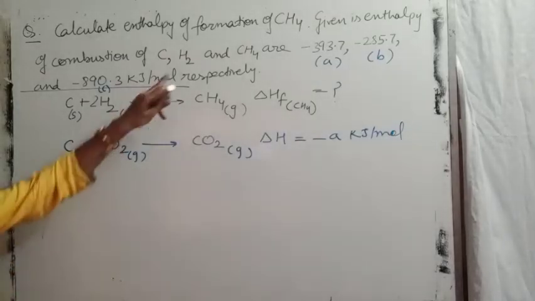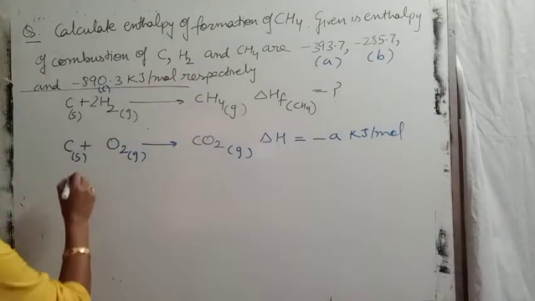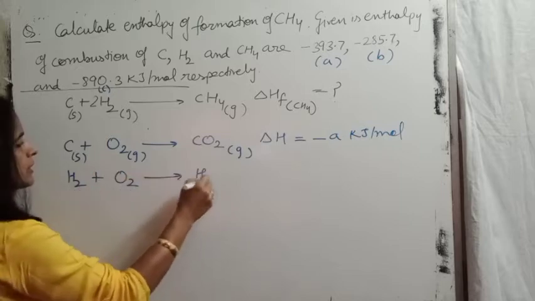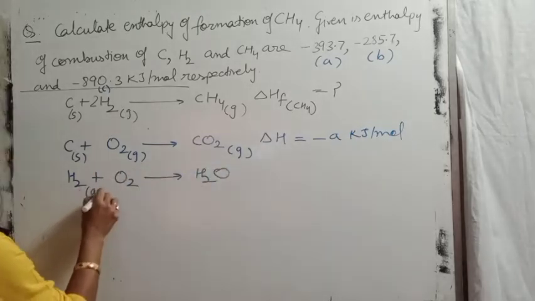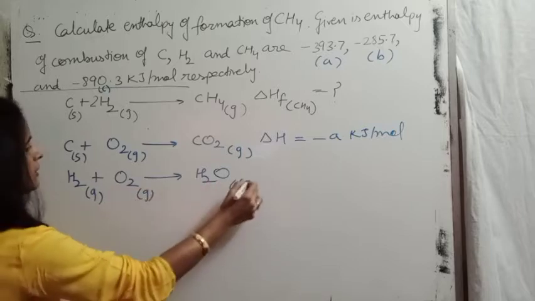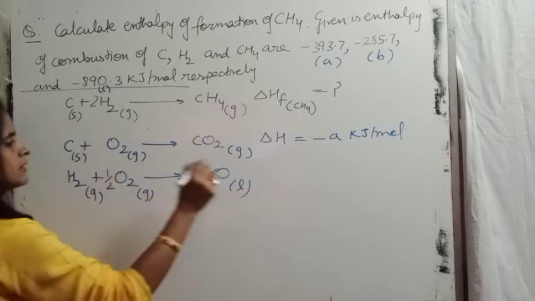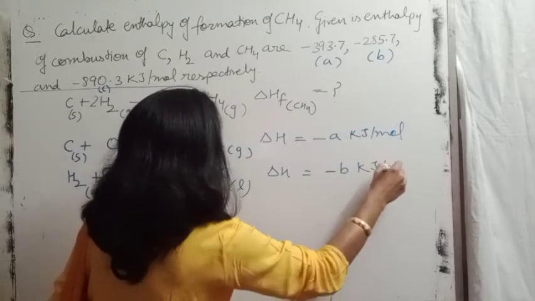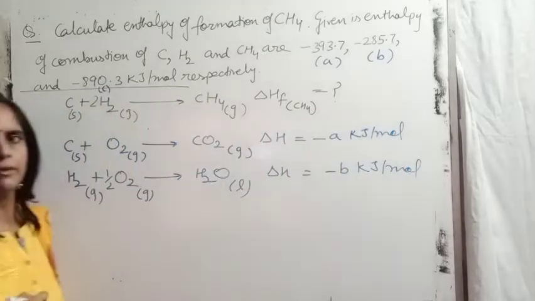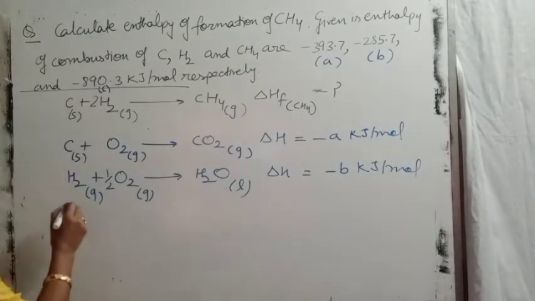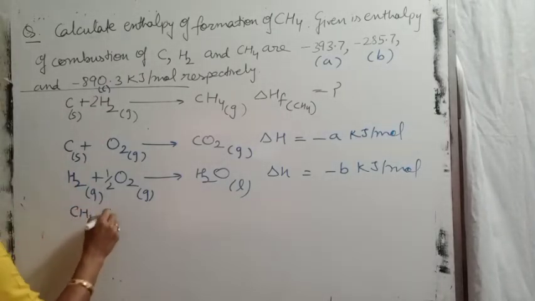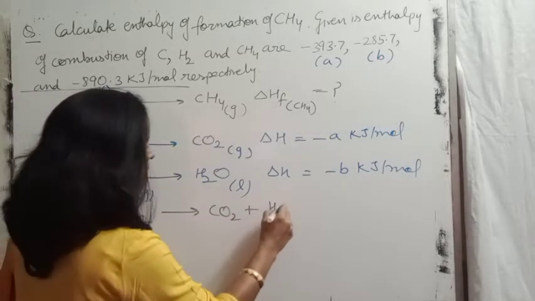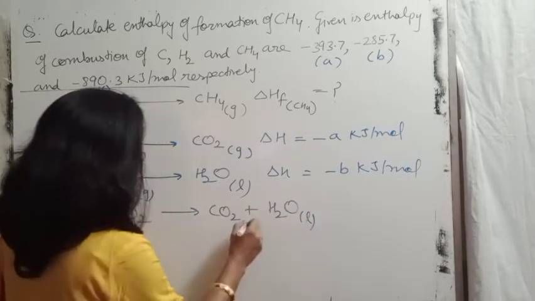Then the second equation for the combustion of hydrogen, that is H2 plus O2 giving you water. Now physical state and balancing. Delta H, I am taking this as B kilojoule per mole. Third is combustion of methane, that is CH4 plus oxygen, and all hydrocarbons on complete combustion give CO2 and water.